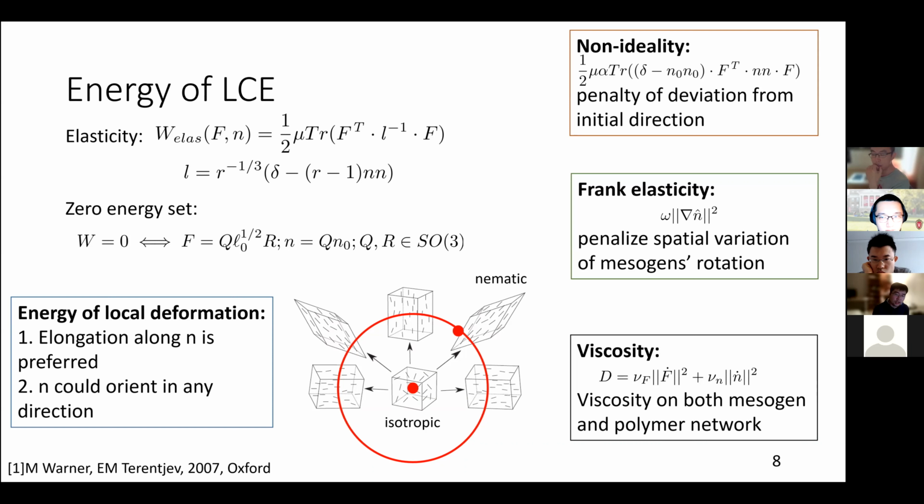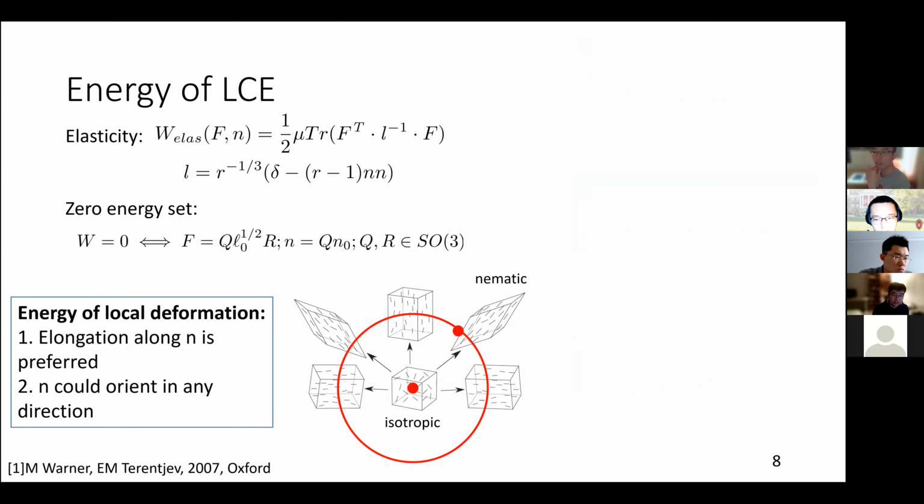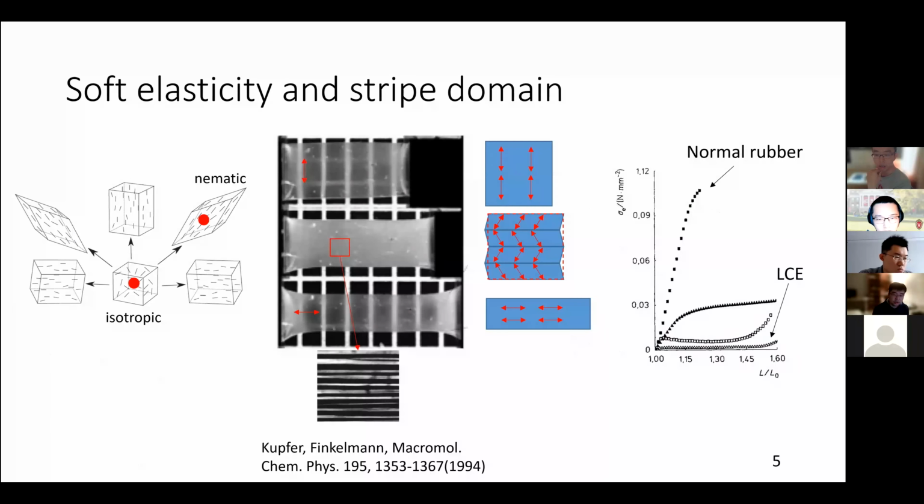They are of comparable scale, and Frank elasticity serves more as a regularization of the fine microstructures, such as the stripes or the interface, basically defining the interface thickness and also helping stabilize our numerical simulations.